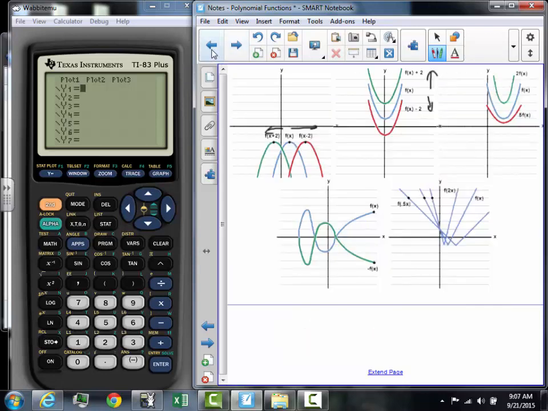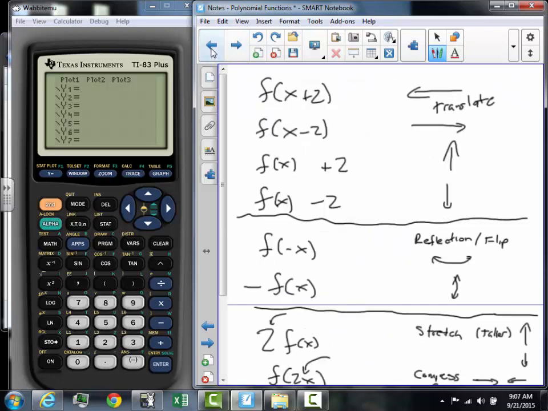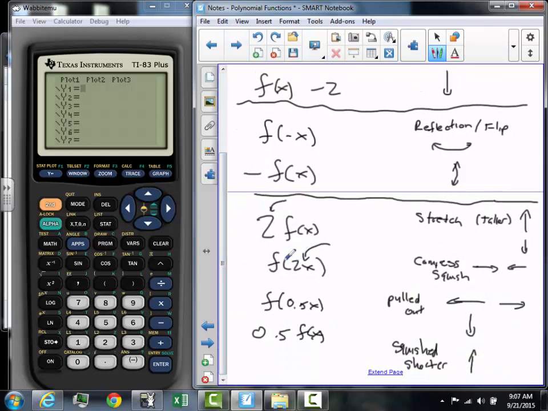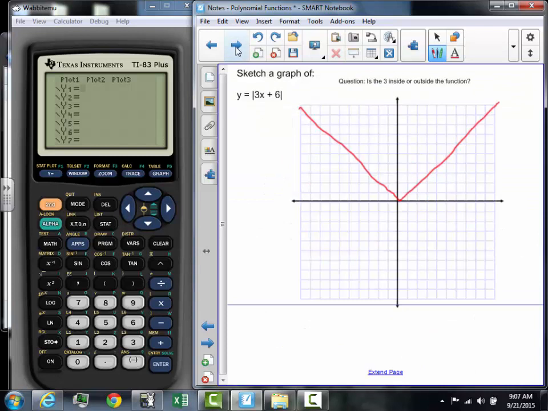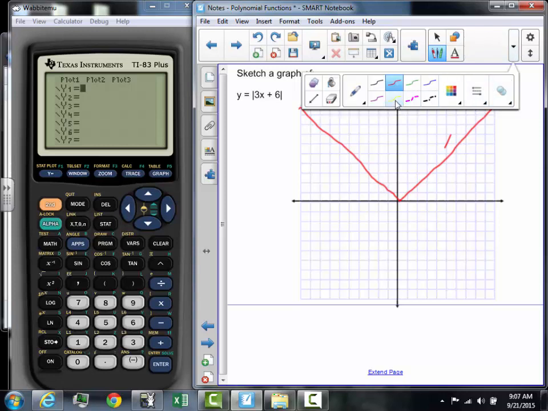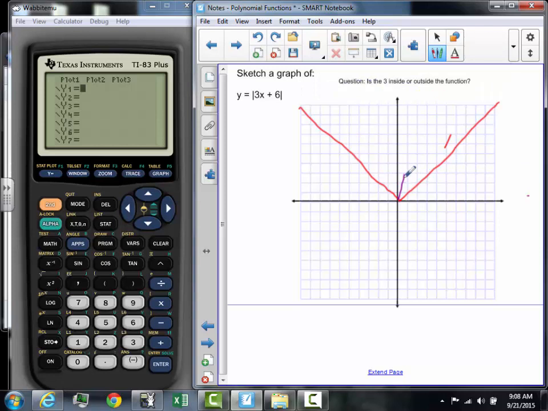Go back and look at our notes here. Where did I write it? If we had a 3 inside the brackets, it looks like this one right here. It's not a 2, but it looks like this one. What does this do to the graph? Everything got squished in. Does that make sense? So what should hopefully happen for this one is this should now become a thinner looking graph. So the 3 should cause it to look maybe like this.